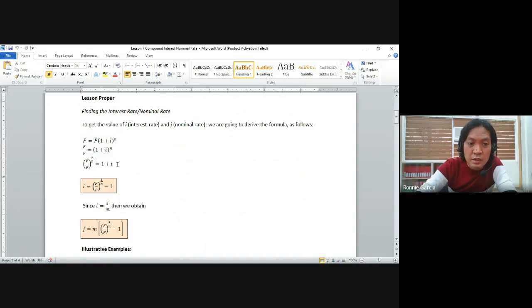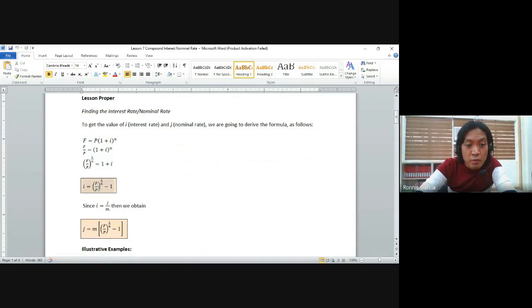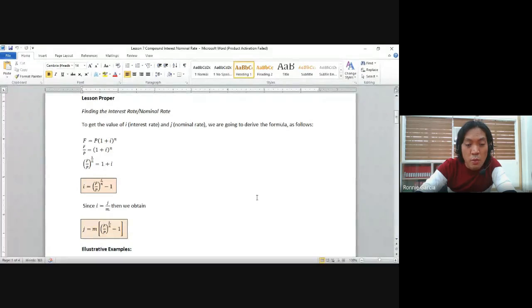Applying the commutative property of equality, we have I is equal to, we can just transpose, that's the term that we may also use, transpose 1 to the other side, or you can also apply the addition property of equality by adding negative 1 to both sides. Either way, you will get the quantity of F over P raised to the power of 1 over N minus 1.